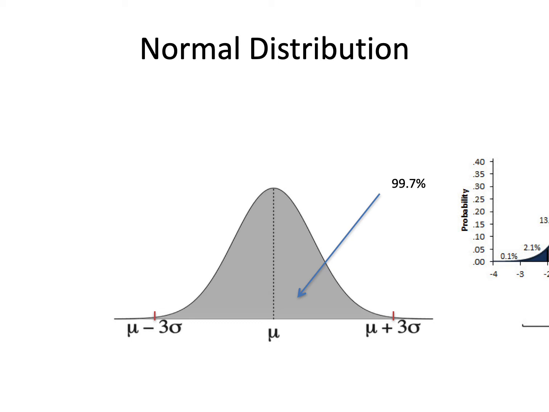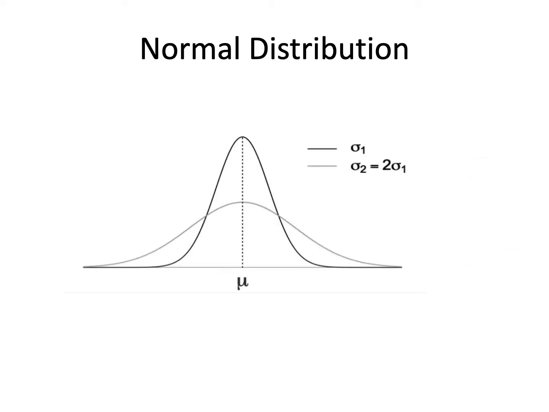From minus 3 to plus 3 standard deviations around mu, we get 99.7% of the area coverage.